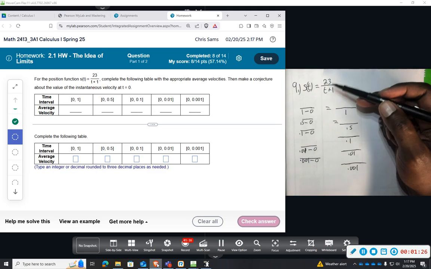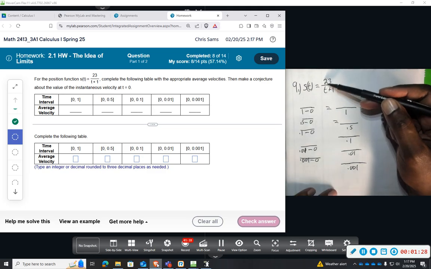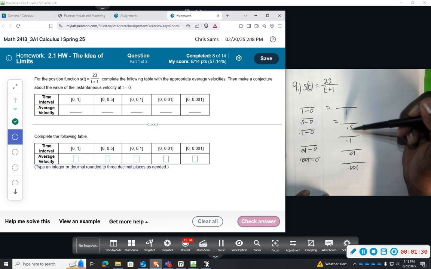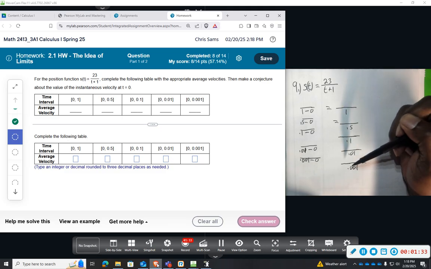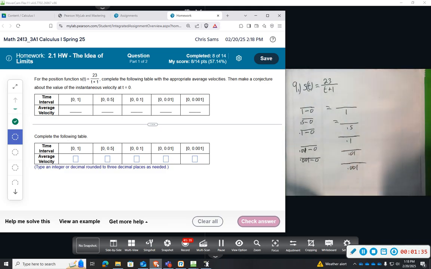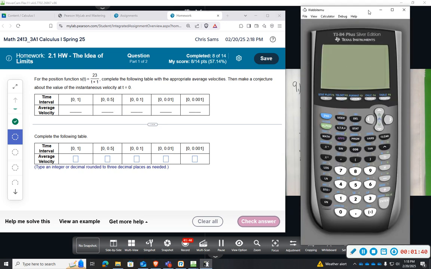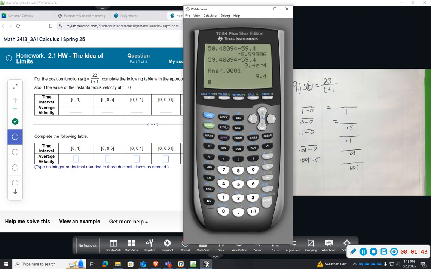And then we have to find the y values. So we're going to find the y values by plugging in 0, 1, 0.5, 0.1, 0.01, and 0.001. And we're going to use technology again just to speed up that process. So we're going to go to y equals, clear out the previous function, and then we're going to do 23 divided by, now I know it says t plus 1, but our calculator inputs the variable x, so we're just going to say x plus 1.